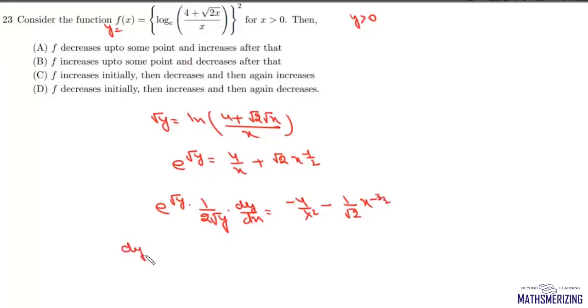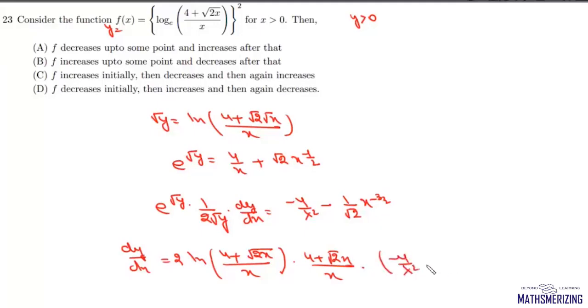So we can write dy by dx as 2 into log of 4 plus root 2x upon x into 4 plus root 2x upon x, and then minus 4 upon x square minus 1 by root 2 x to the power minus 3 by 2. Now this is positive as x is greater than 0. This is always negative. So we just need to know whether there is a sign change for this expression.